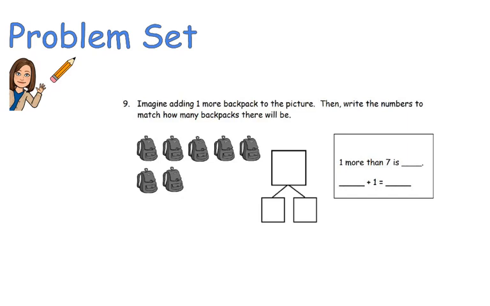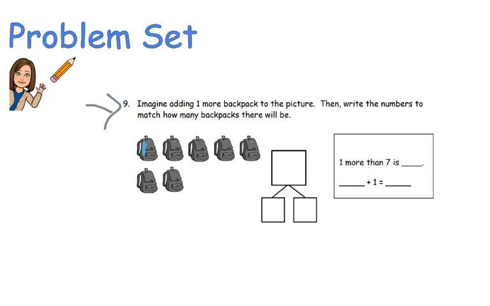All right, now we have almost like a word problem here. Let's read it and see what we need to do. Imagine adding one more backpack to the picture. Then write the numbers to match how many backpacks there will be. Okay, so first let's start off by counting how many backpacks.